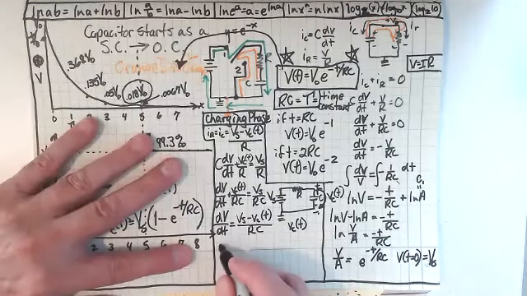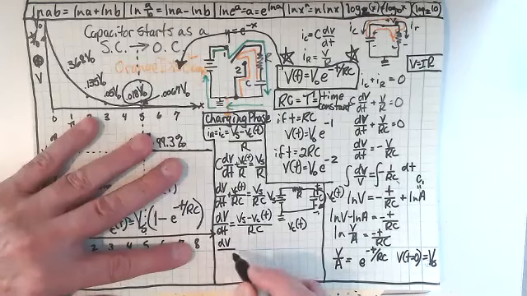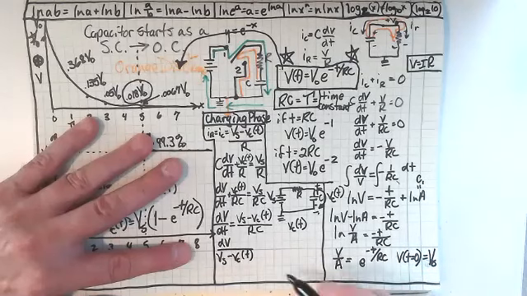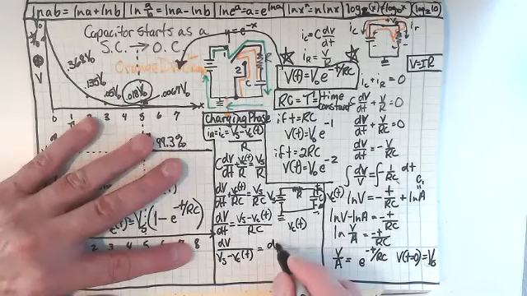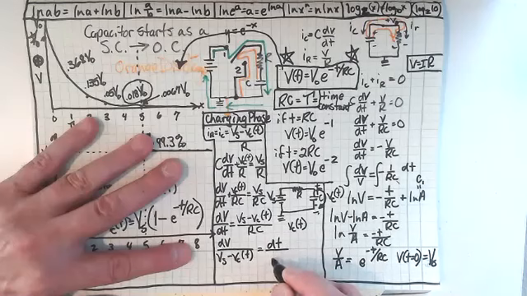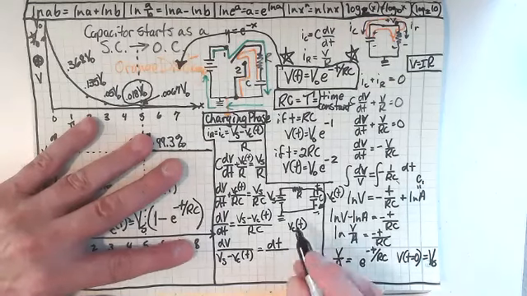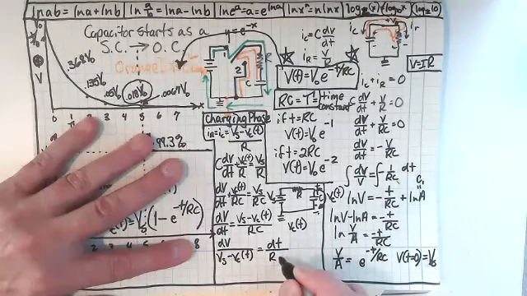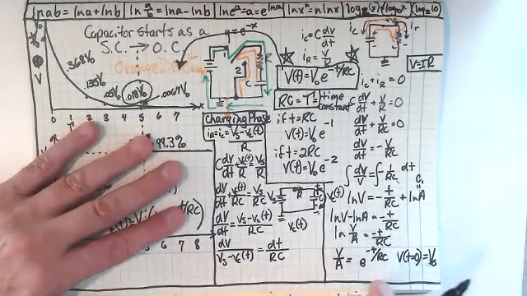So I end up getting dV divided by V sub S minus V sub C of t, equals dt divided by RC. Should I put a negative there? Well, I could do that next. Okay, well, we've got that set up.